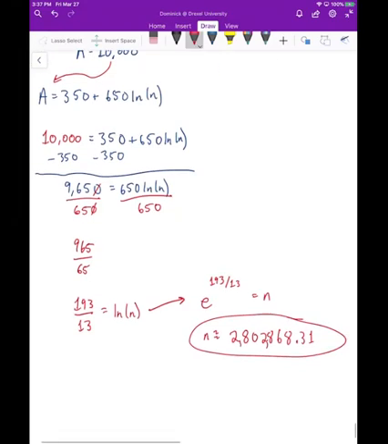If we were selling toys, we would just round this up to the nearest whole number. This would be 2,802,869. All right, so that's probably the better answer.